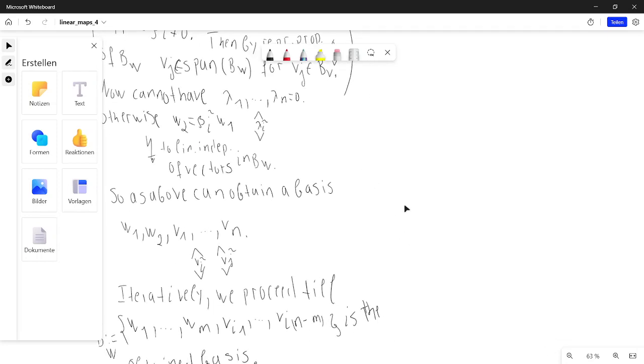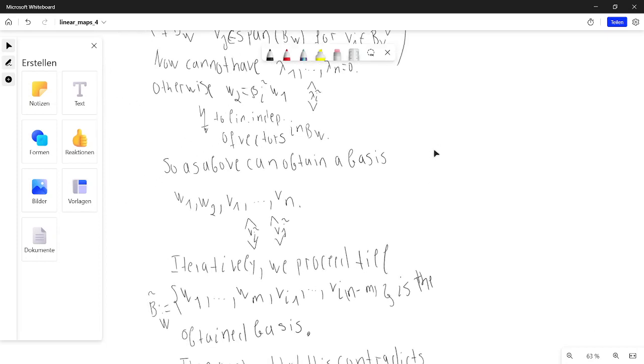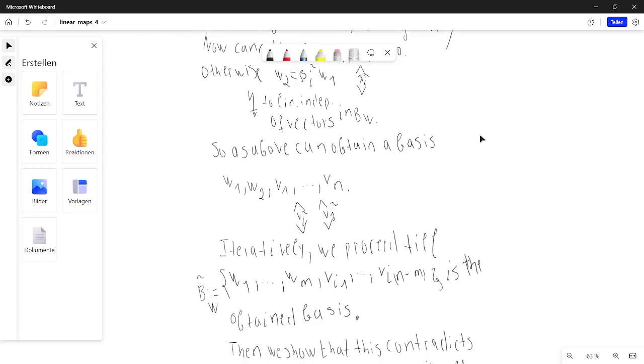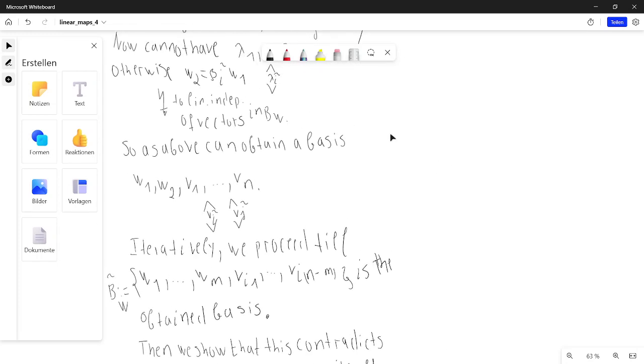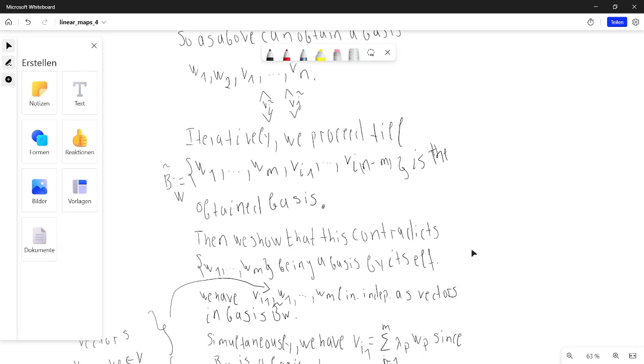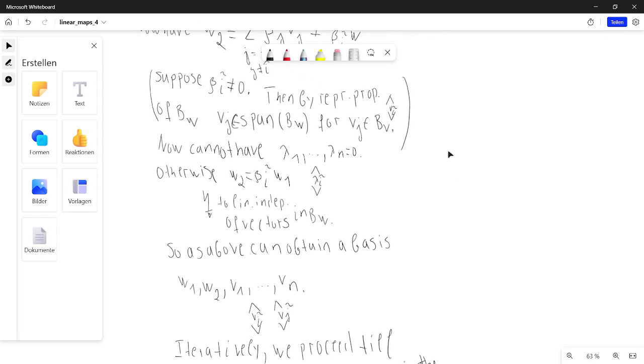So this procedure actually works for any insertion of a tuple of linearly independent vectors instead of basis vectors. Right, now that this is justified, we iteratively proceed, and it is all the same, it works, alright.